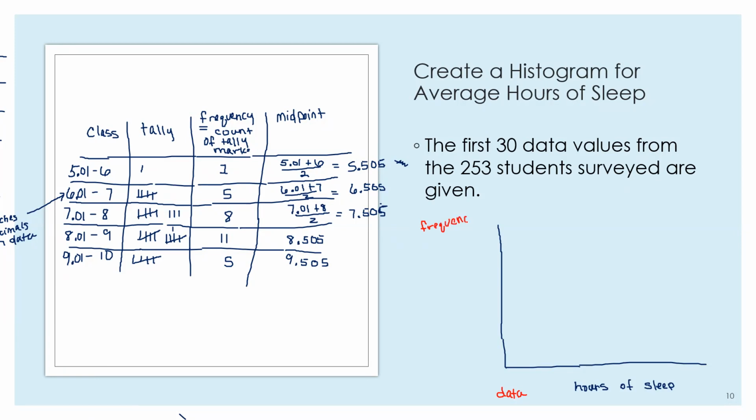Now we have the frequency as an actual column in our frequency distribution table, but it is better to use some more descriptive words. So when we think about, well, what was the frequency? It was the count of the tally marks, and what we were counting up is actually the number of students that fell in each category. So the frequency is the number of students.